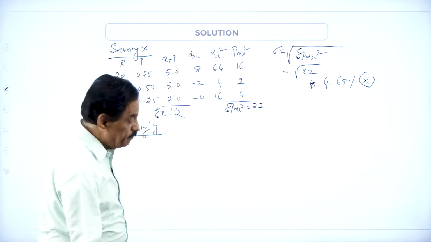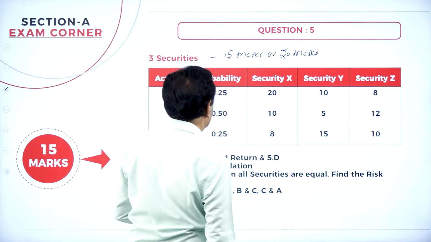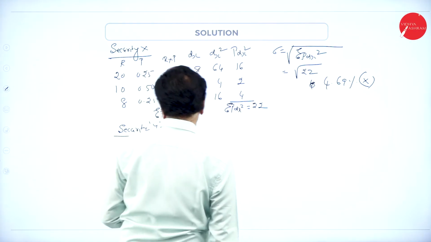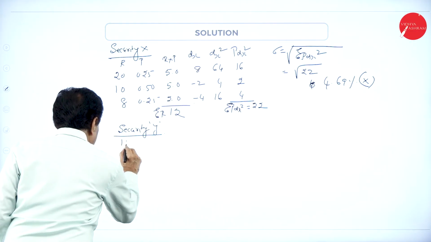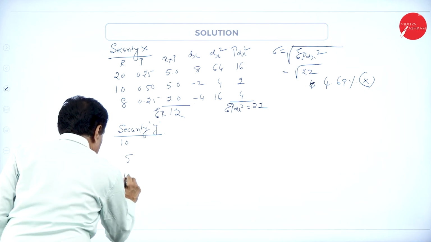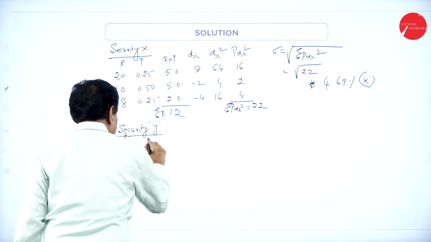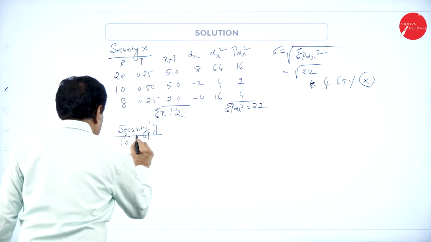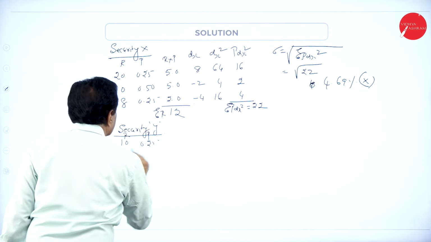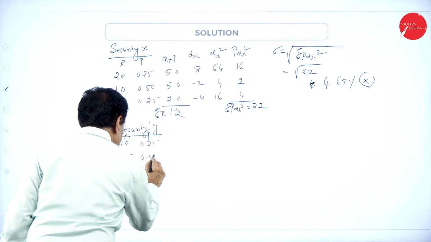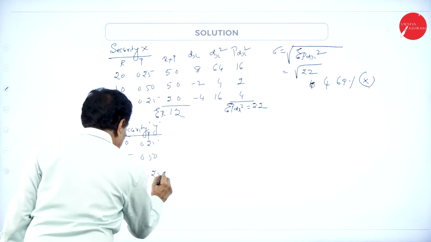Security Y: returns 10, 5, 15, with probabilities 0.25, 0.50, 0.25.